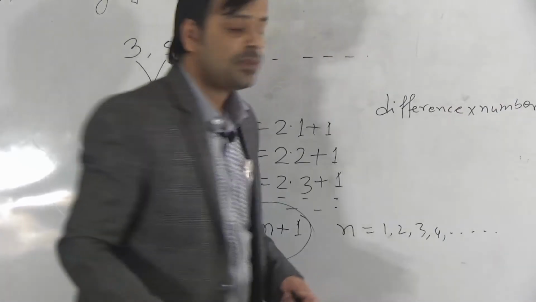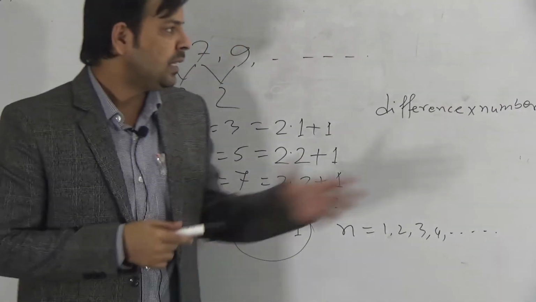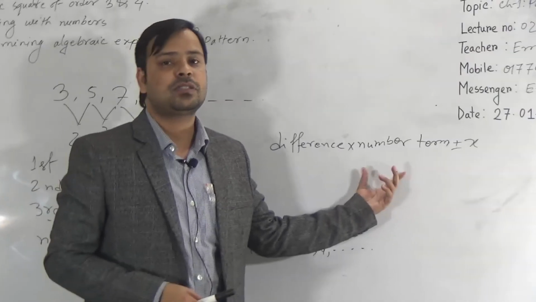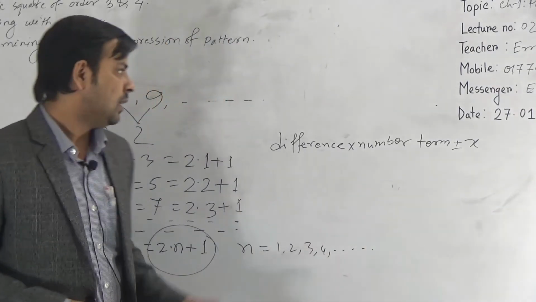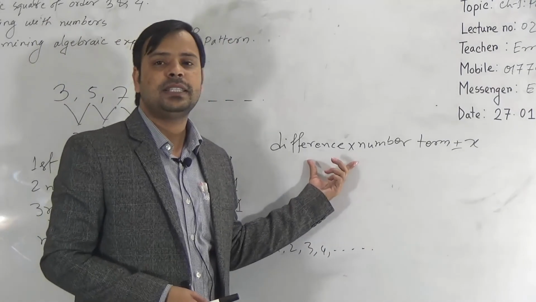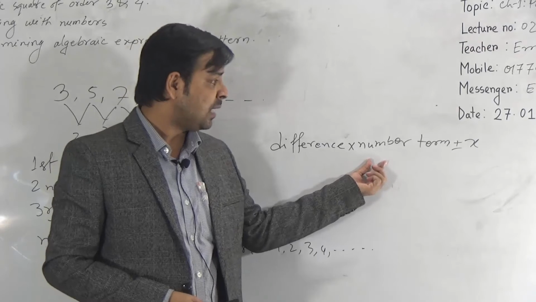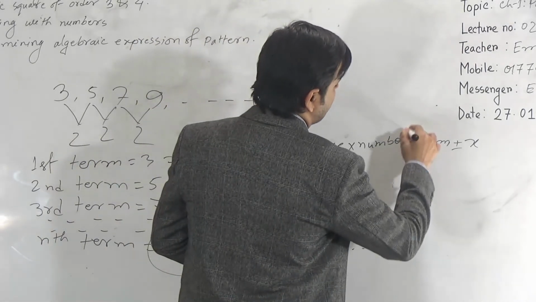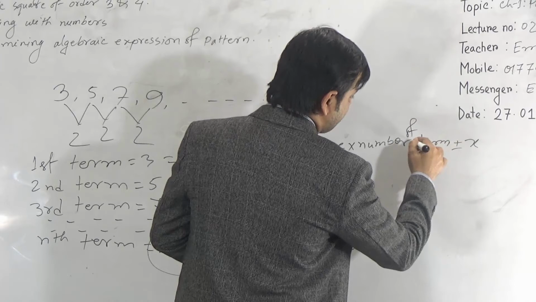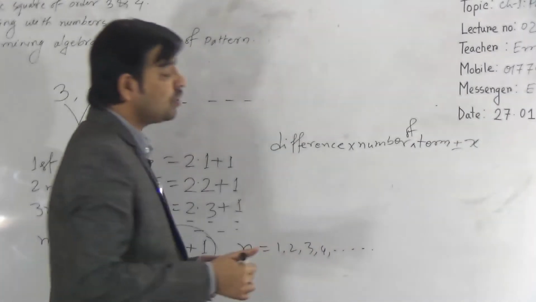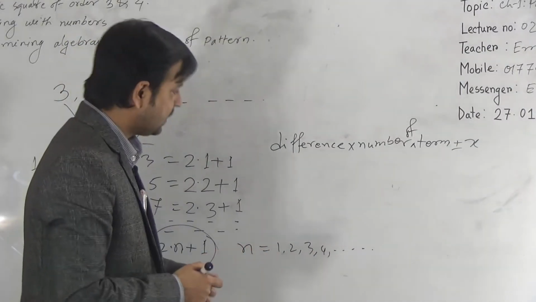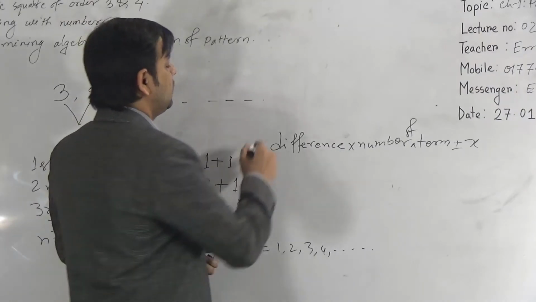It means that we may add something or we may subtract something to make the balance. So this is the formula: difference into number of term plus minus something.